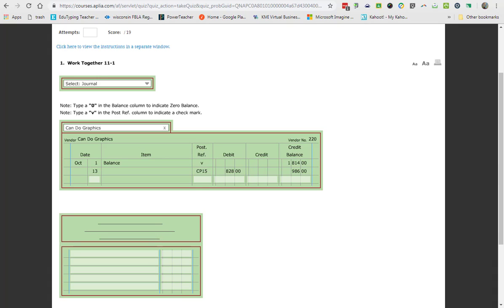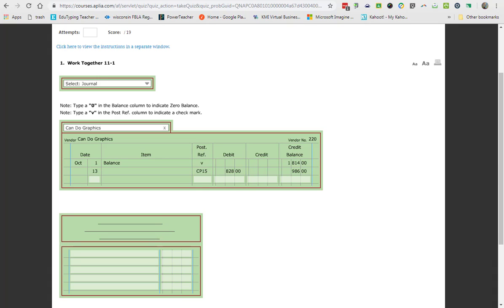Liabilities, 2. Owner's equity, 3. Sales, 4. Purchases, 5. Expenses, 6. So when you look at your account numbers, it tells you its classification. So we have now where it says vendor and vendor number instead of account and account number.